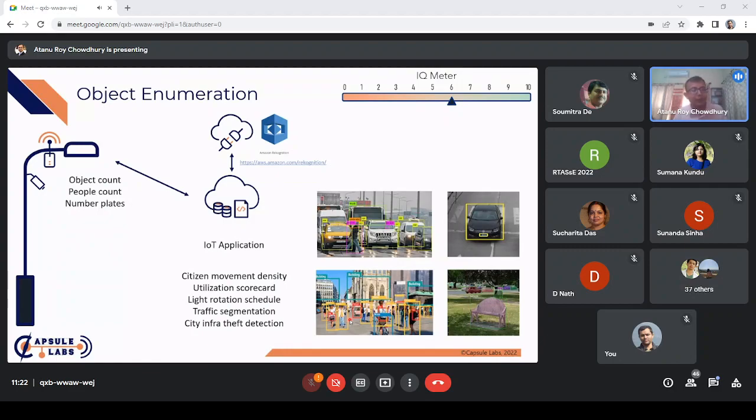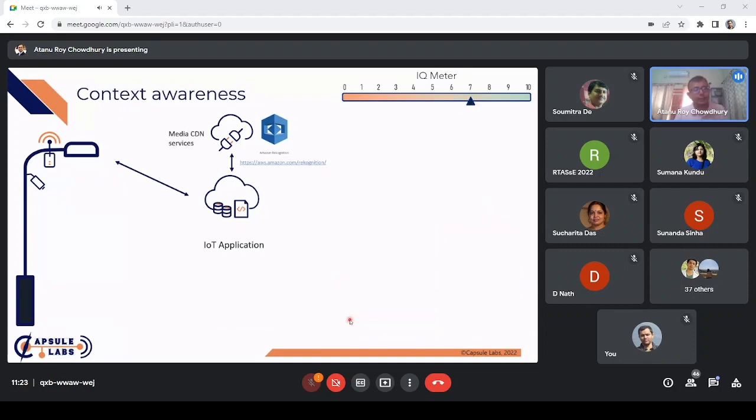All of these aspects can be built into the smart street light. By building this, I have now created a new capability, because I understand light, I understand humans, I understand objects. Bringing all of these together allows me to now start creating contexts, right?